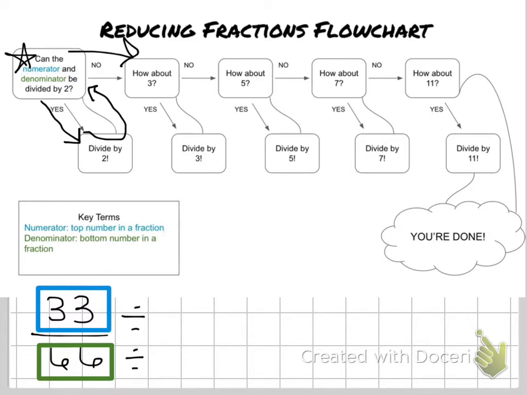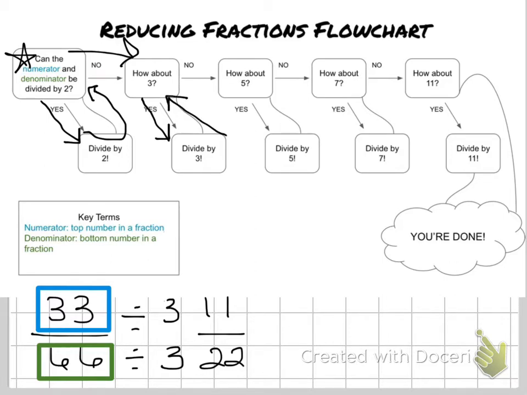So now I'm going to ask myself, how about 3? Do each of these go into 3? So I notice that 33 divided by 3 is 11, and 66 divided by 3 is 22. So that one does work. So I went in and I divided by 3.